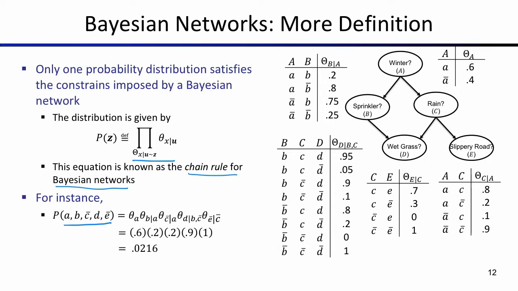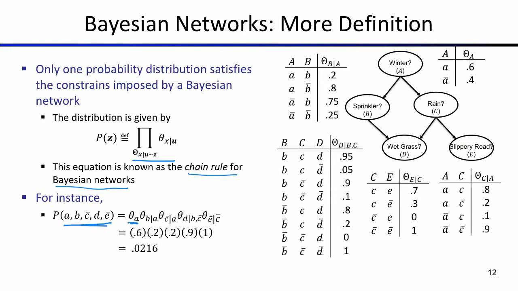We will have one parameter for each probability table, so we will take each node and multiply the parameters. For this example we have little a, little b, not little c, little d, and not little e. We're going to take the compatible parameters.